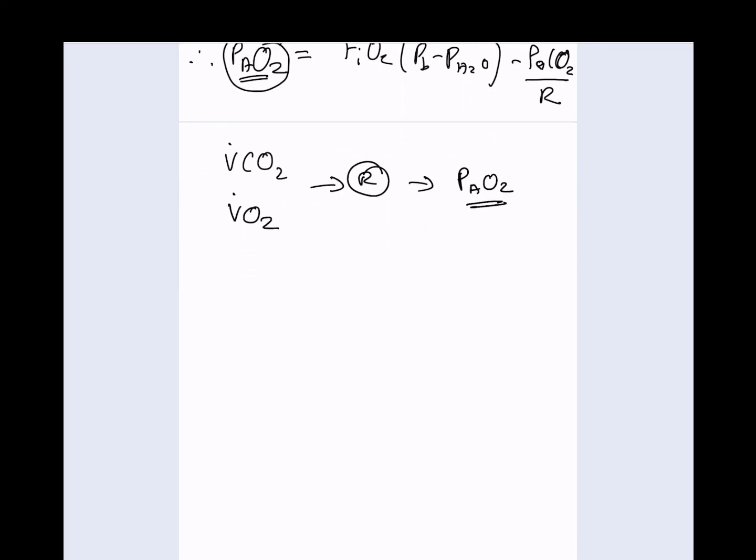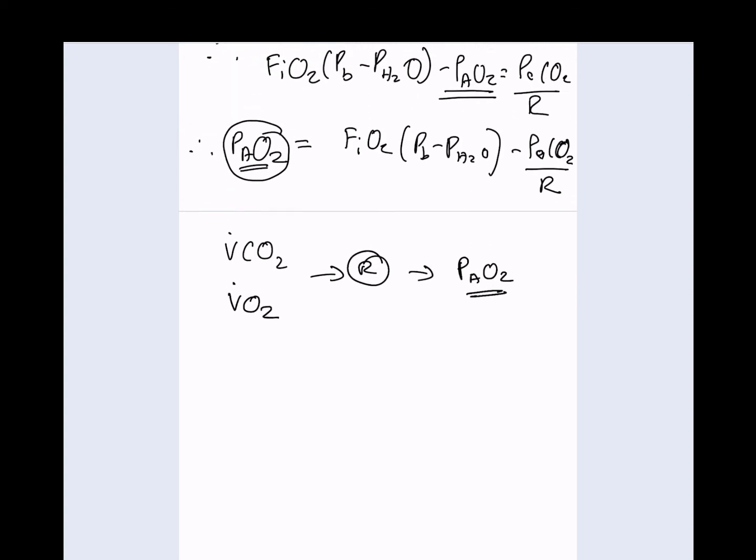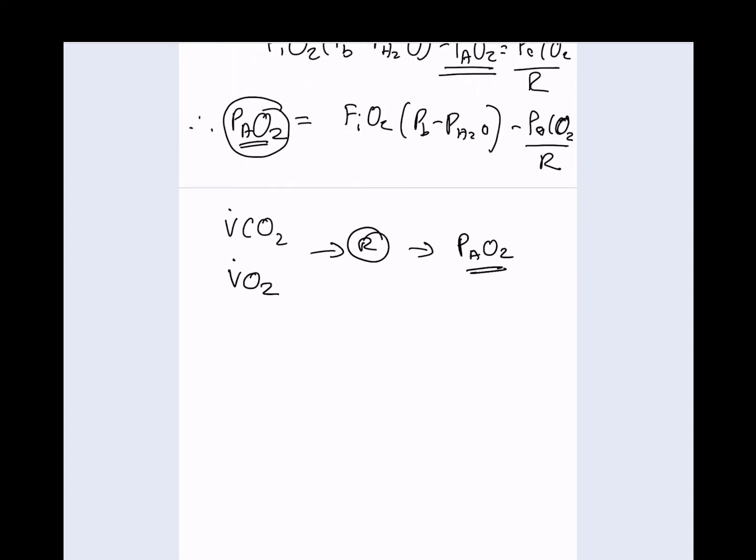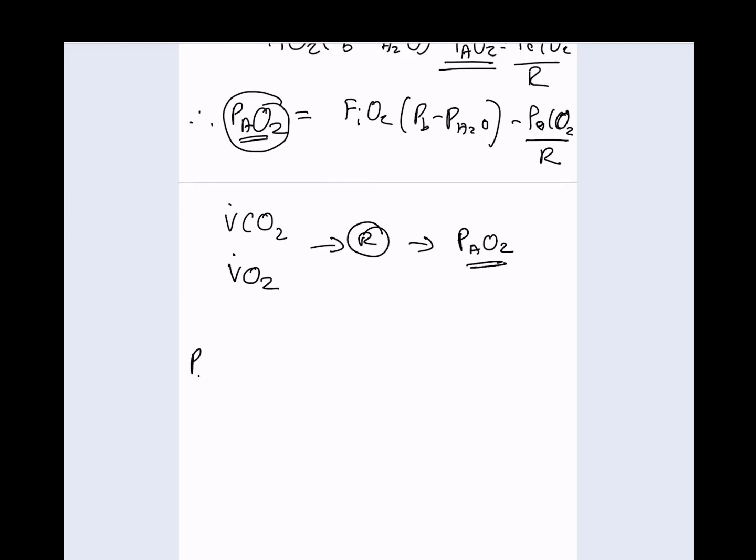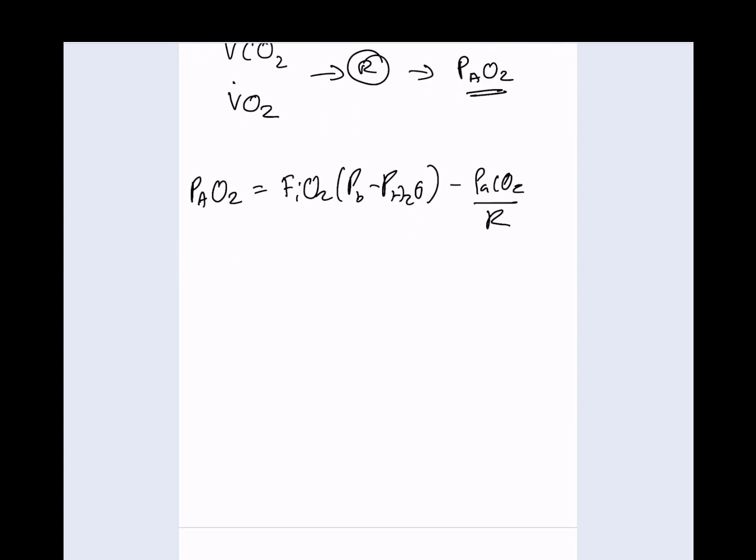All right, so if we look at this in more detail, we can see a couple of things. Just express it again so that it looks a bit more nicely. FiO2 times PB minus P water, minus PaCO2 over R. Okay, let's see what happens when we influence a couple of variables.